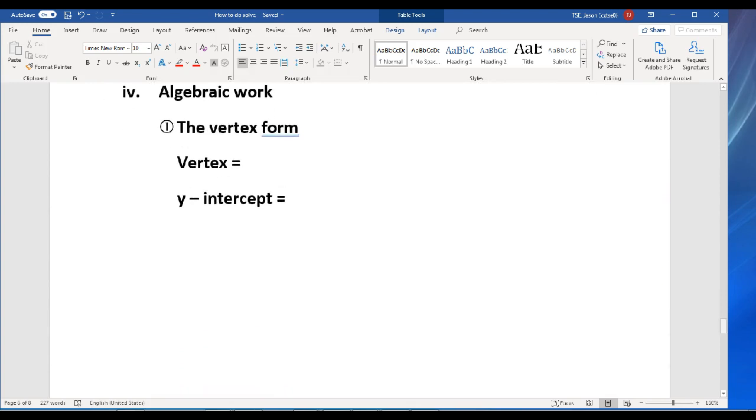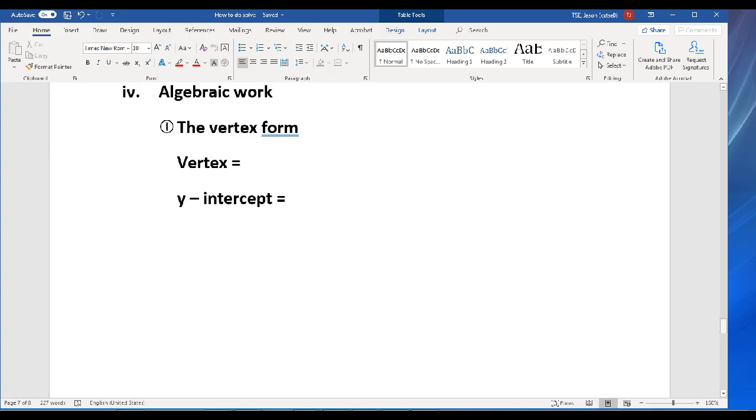And the last part, possibly the most difficult part, is about algebraic work. First, we know that algebraic work involves at least two equations. Some of you might try to do 3 equations. That's okay, but I'm going to demonstrate 2 equations only.